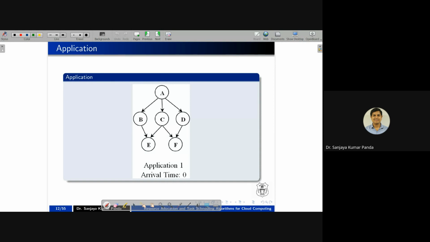So we took a random application. Sometimes we take a random application, or you can go for a standardized application. There are various standardized applications that you can also use when you want to simulate your algorithm.